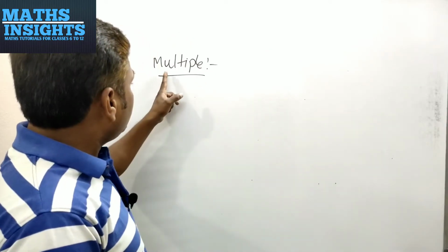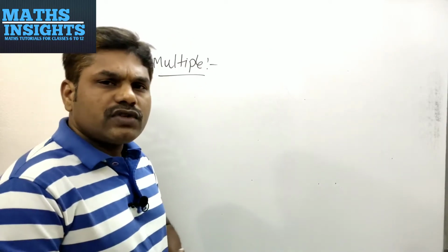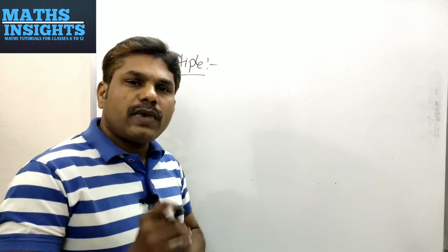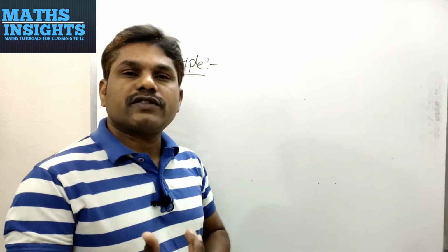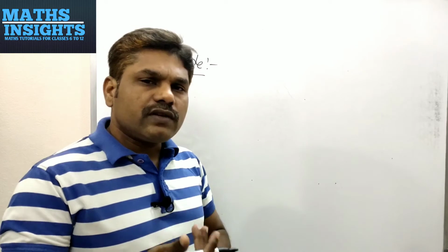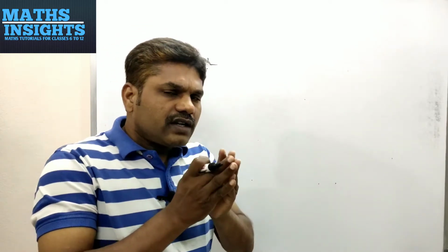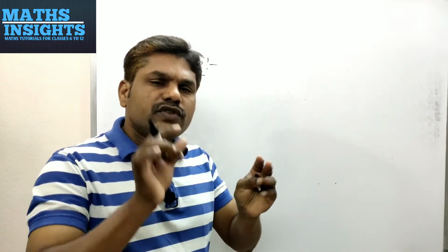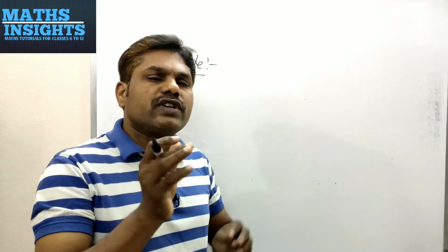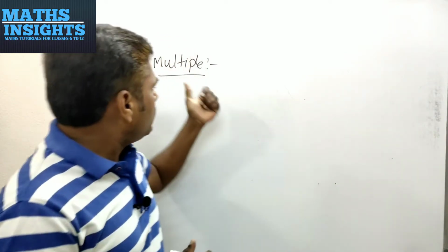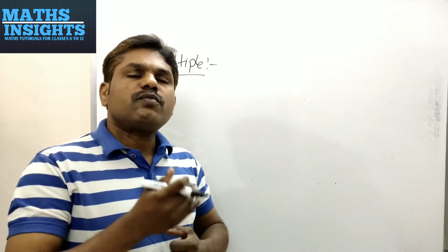Next, let us see the important word multiple. The name itself says multiple means more. Actually, a factor is obtained when you divide the number into parts. That means you will get a smaller part when compared to the original number. Here multiple means you will get more.